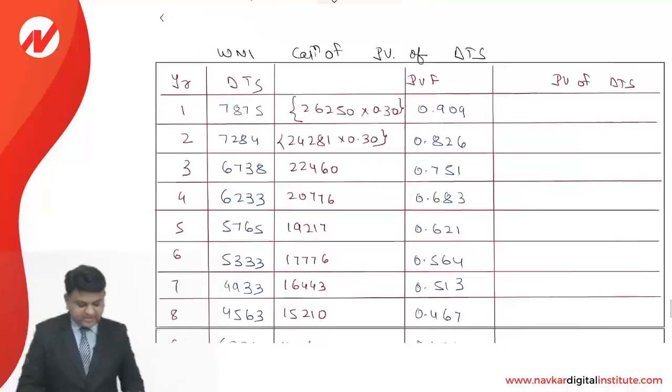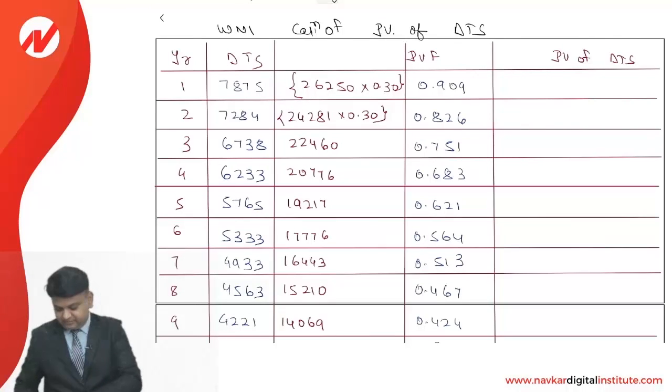This is the way we get the tax saving, and then the present value of the tax saving.